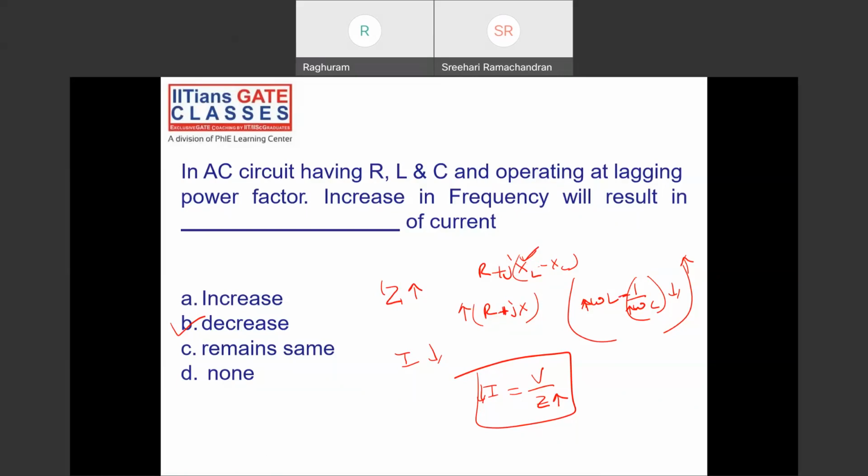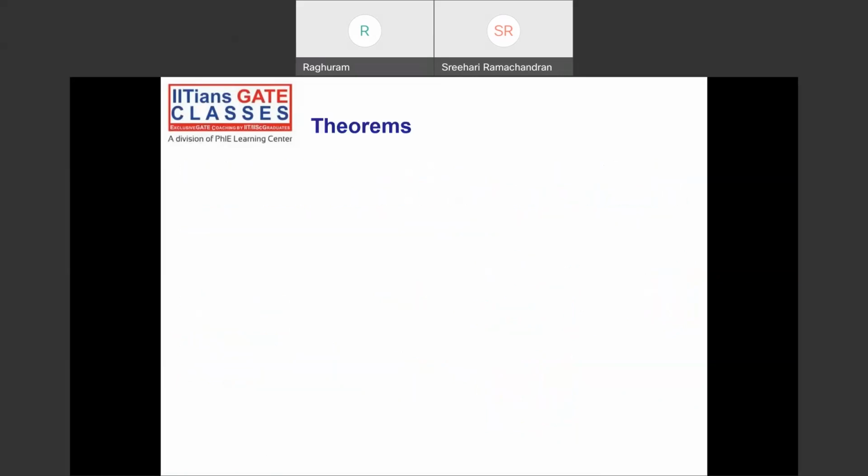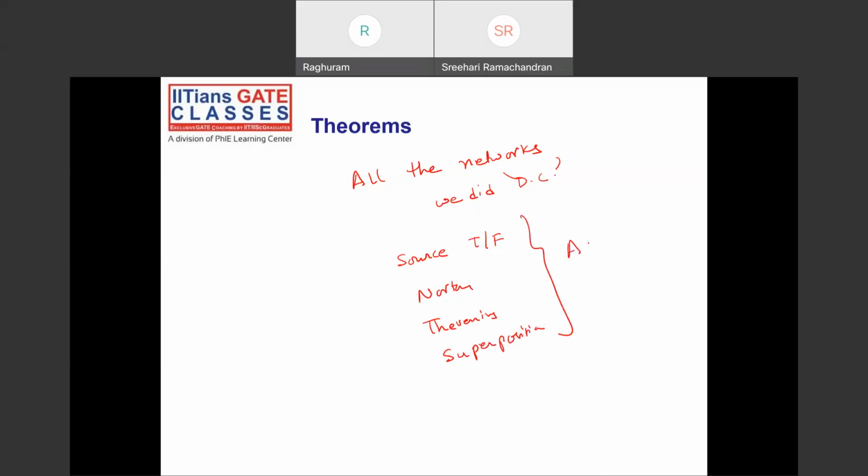Okay. We'll continue in the next class. Theorems, basically all the network analysis we did in DC circuits or resistive circuits, like source transformation techniques, Norton's theorem, Thevenin's theorem, superposition theorem, all will hold good in case of AC.